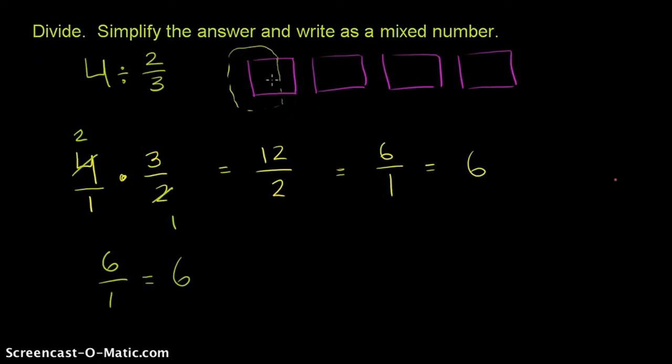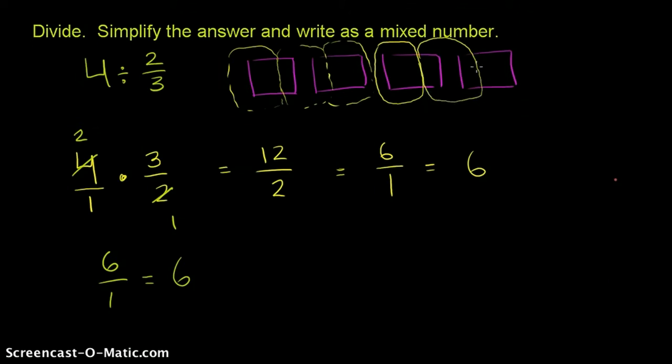Now the next group is going to have 2/3 of a box. So it'll have 1/3 from here, and then it'll have 1/3 from the next box. Then the next group is going to have 2/3 of the box. There's 2/3 left right over here. Then the group after that will have another 2/3 of a box. That is that right over there. Then the next group will have 1/3 from here and 1/3 from here. That'll be 2/3.